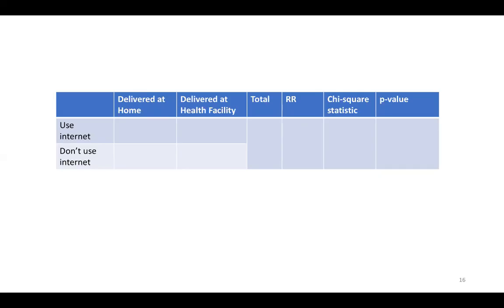We can have those as exposures and follow them up throughout their pregnancy and see if they deliver at home or not, which is our outcome of interest. Since we have the total here for both these rows, we can know the incidence or risk in those who use the internet of delivering at home versus those who don't use the internet and deliver at home. The ratio of these two risks is called the risk ratio.